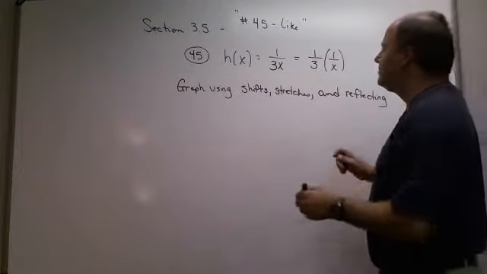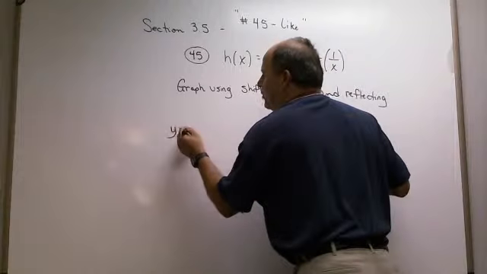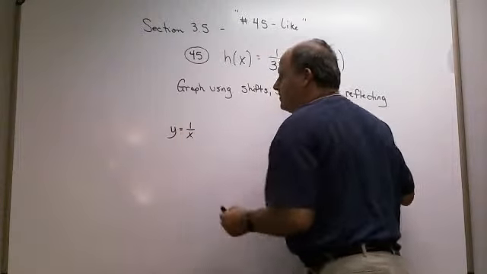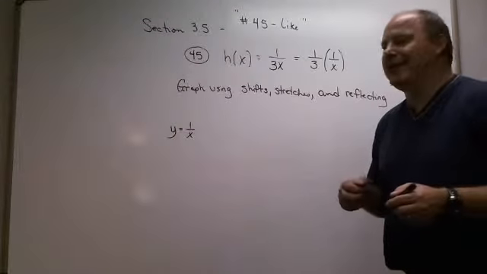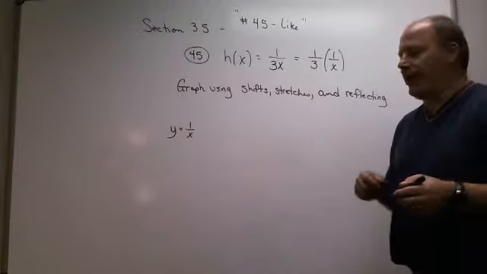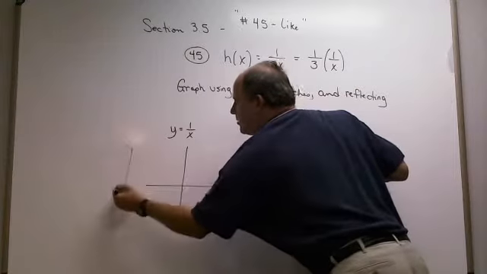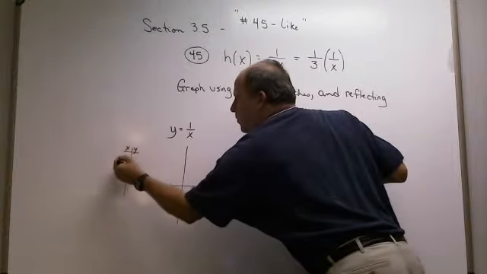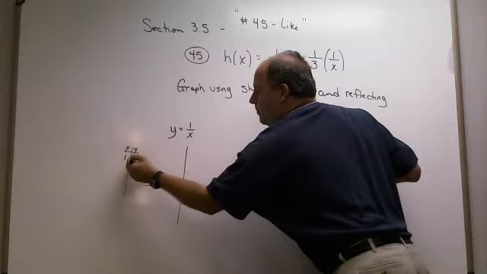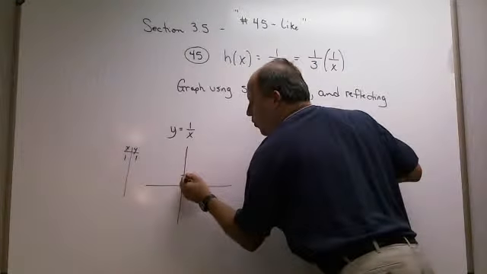So we have to first be able to graph 1 over x. And if you haven't gotten there yet, you could do this with a t-chart. And it will look kind of like this. So if you do a t-chart, if you let x be 1, then the y-coordinate will be 1 as well. So it's 1, 1.